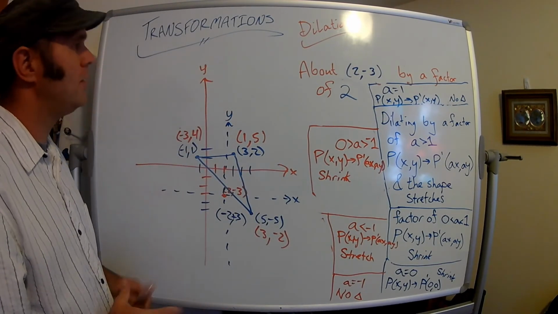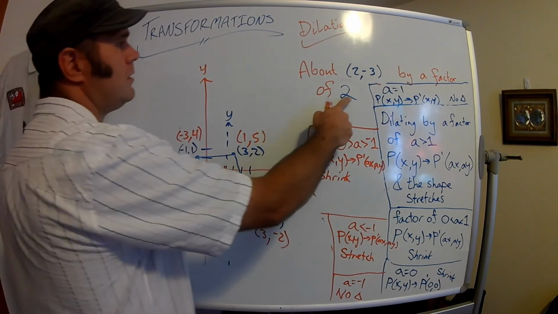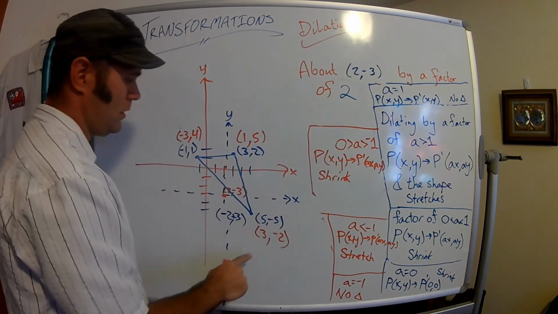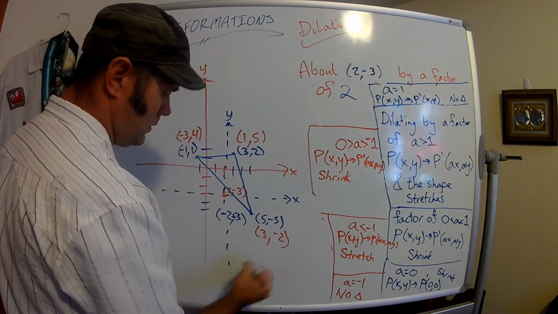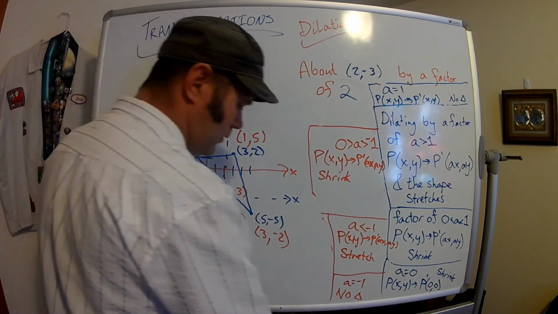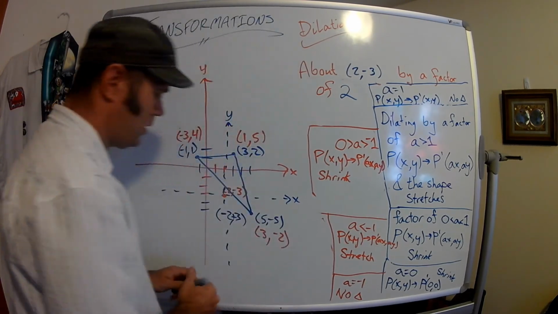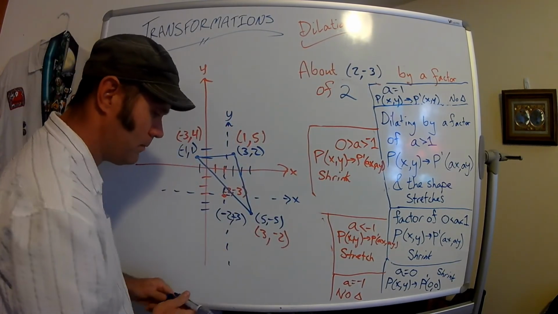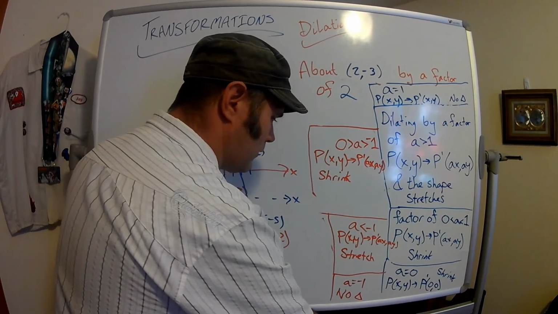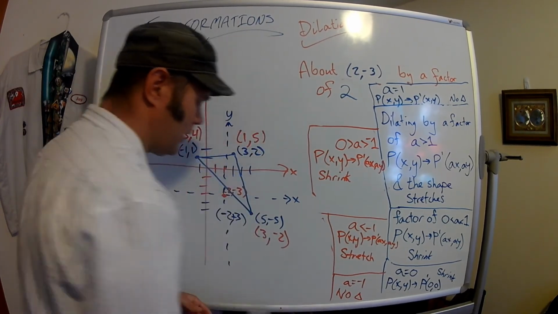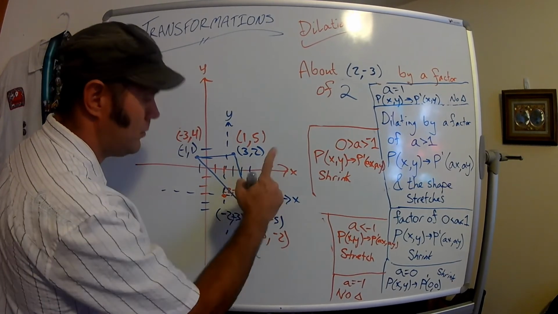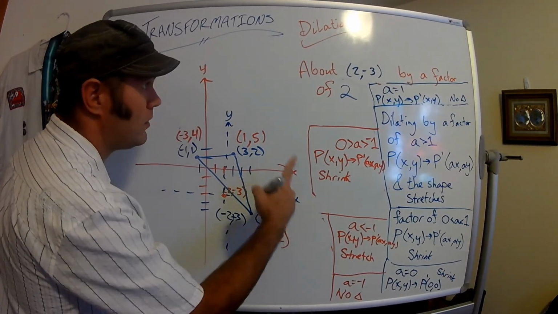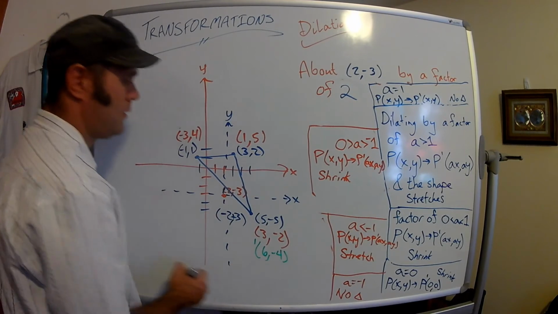And so now we can do our dilation times 2. So we're going to do 3 times 2 is 6, and negative 2 times 2 is negative 4.